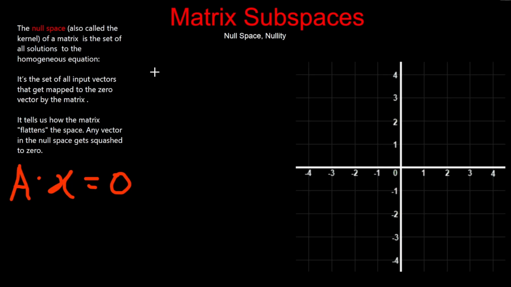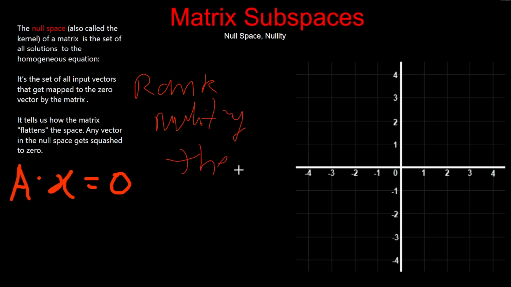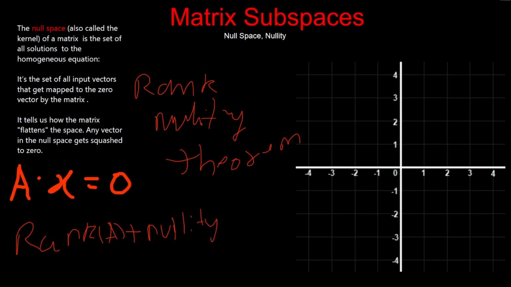There's also a theorem called the rank-nullity theorem, which is a simple equation which says that the rank of a matrix A plus the nullity of a matrix A gives us the number of columns in matrix A.